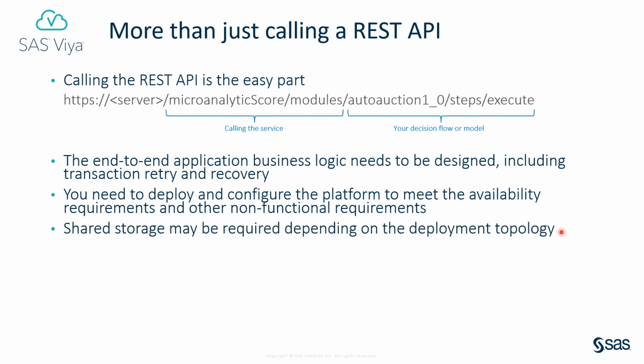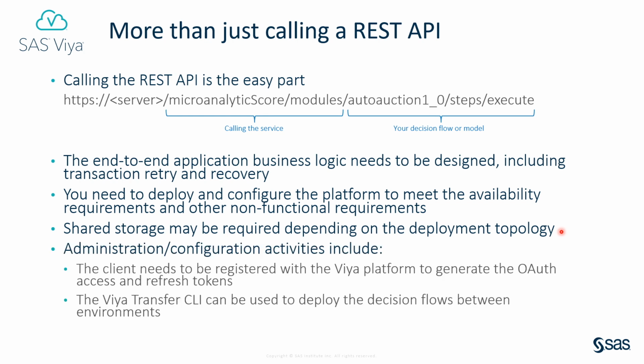As we've seen, shared storage may be required depending on the deployment topology, especially for the A-store storage. And there are administration and configuration activities as well. The client or the business application that is calling the MAS API needs to be registered with the Viya platform.